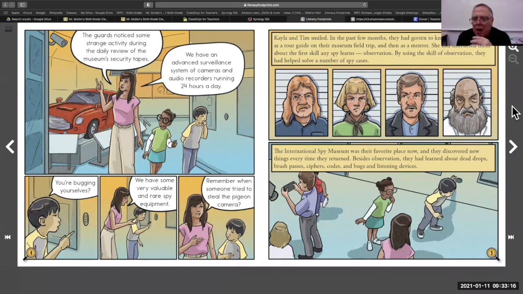The International Spy Museum was their favorite place now, and they discovered new things every time they returned. Besides observation, they had learned about dead drops, brush passes, ciphers, codes, and bugs and listening devices.